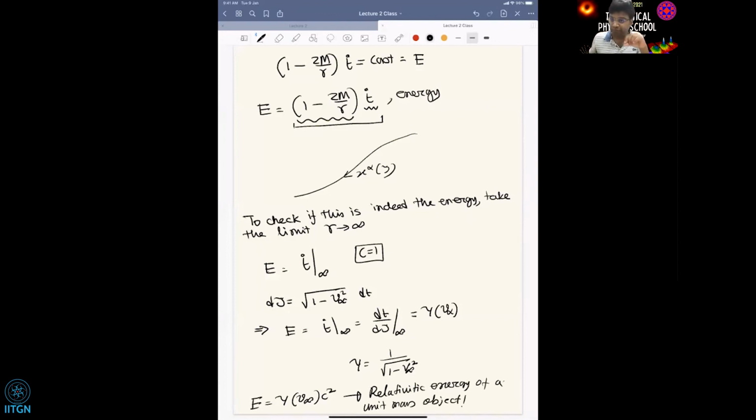If you're in the rest frame, gamma becomes equal to 1, then you have mc square, or c square here, since m is 1. When I say m, this is the mass of the particle, not the central object. So we ensure that this expression indeed matches our notion of energy. Good, so we have understood the energy.